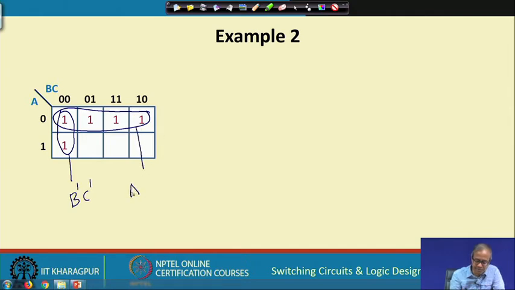So, there will be A bar and it is covering all 4. So, B and C all cancels out. So, only A bar remains. So, the expression is B bar C bar or A bar. This is the minimized expression.